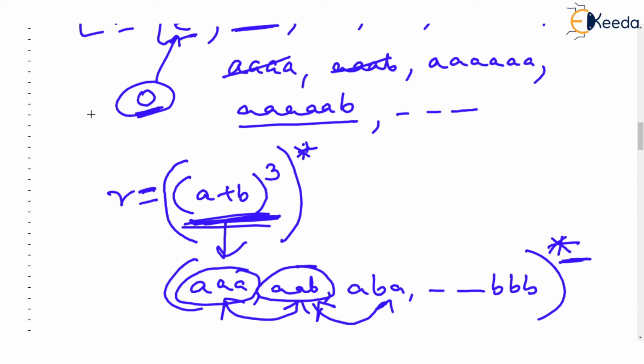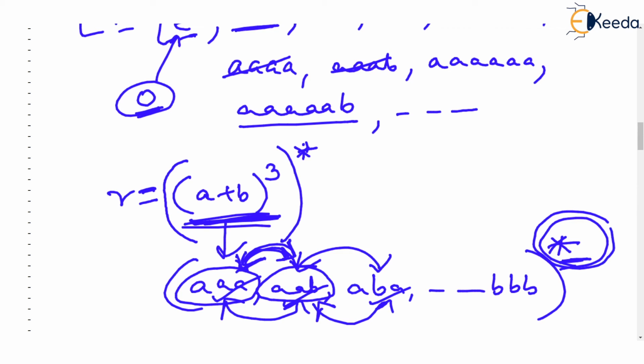If you join these two strings, because there is a closure operation, you will get a new string, and that will be in our language, and the length will be 6. Or why only two strings? You can join any number of strings. If you join these three strings, AAA, AAB, ABA, you will get a string of length 9, isn't it? 3 plus 3 plus 3.